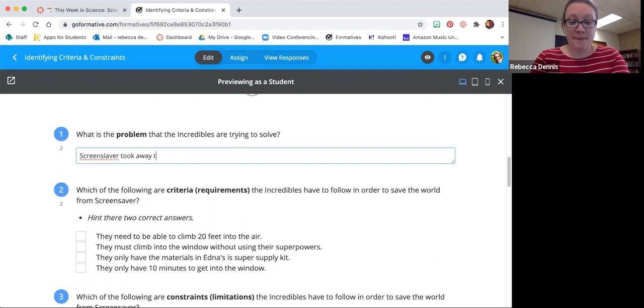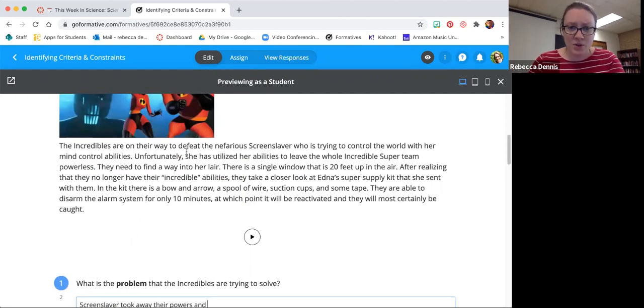But that's only part of the problem. We don't really know what the thing is that she needs to build or what is the problem that needs to be solved immediately.